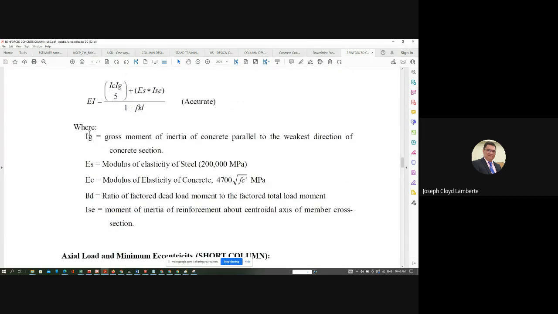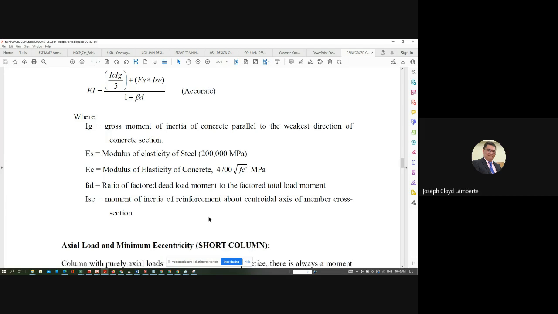Wherein ang nomenclature, class: Ise is the moment of inertia of the reinforcement about the centroidal axis of member cross-section. Beta d is the ratio of the factored dead load moment to the factored total load moment. Ec, of course, concrete na siya. Es sa steel.